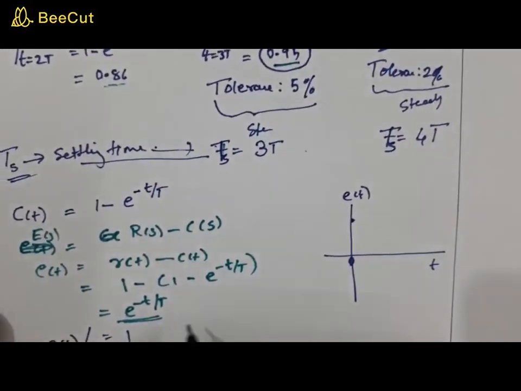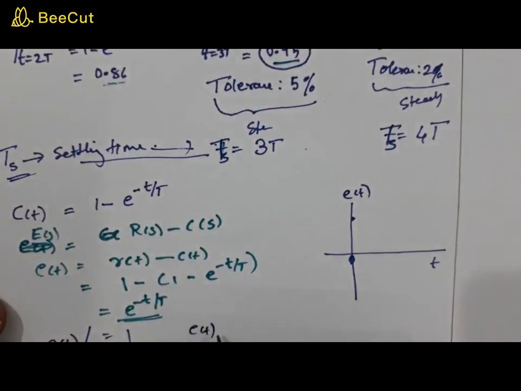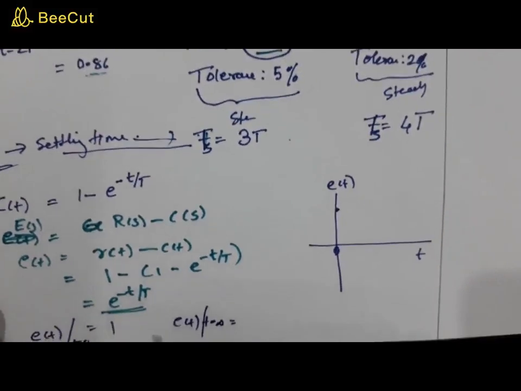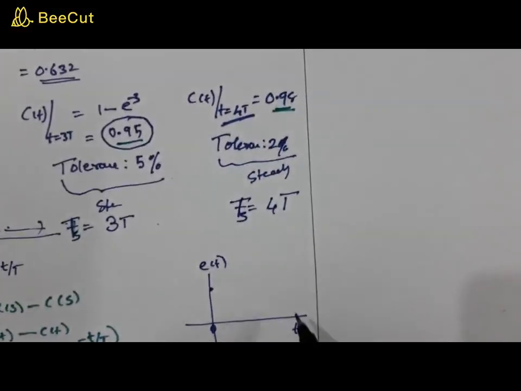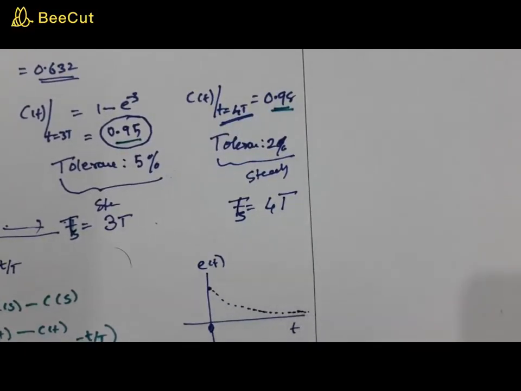Now, what happens to E of t at t is equal to infinity? When you put t is equal to infinity, your error becomes 0. That means it reaches the steady state ideally, right? At that point, the error between the input and the output is 0. That's what it shows.